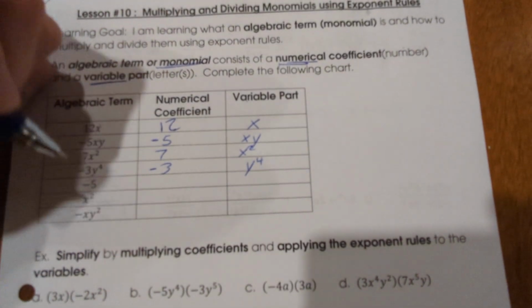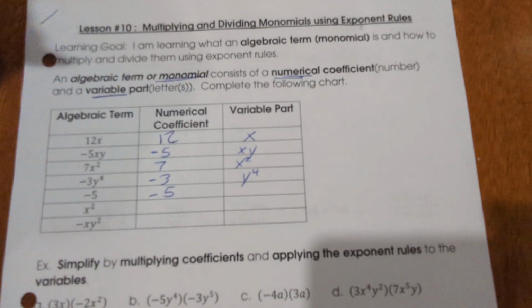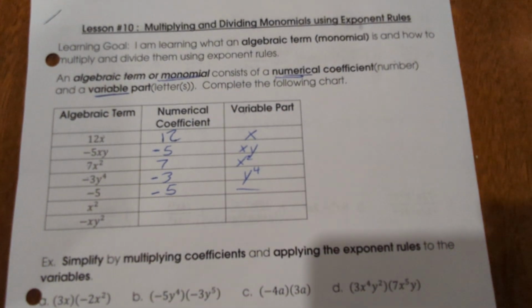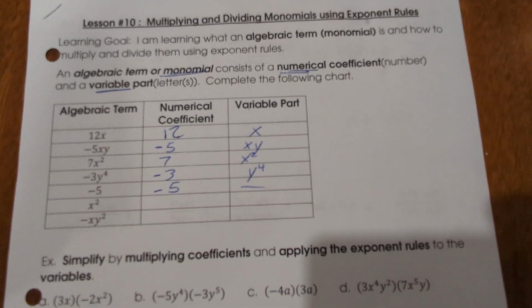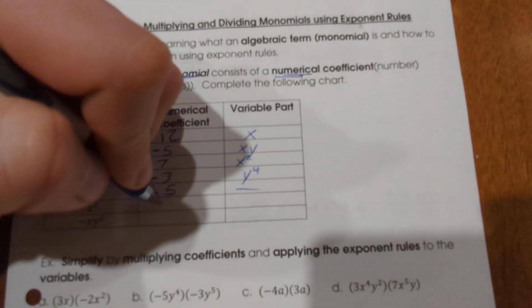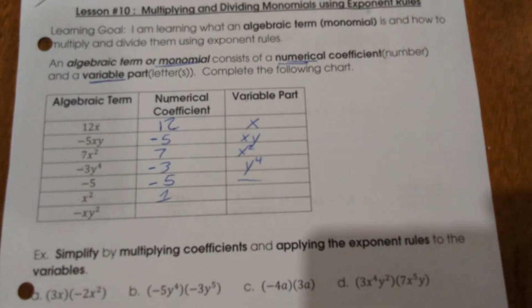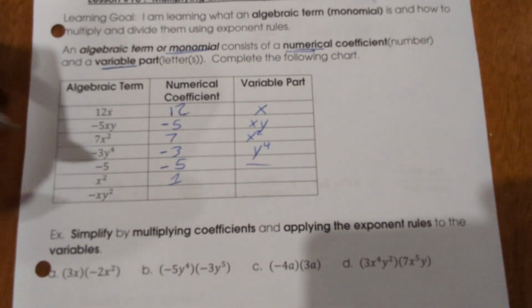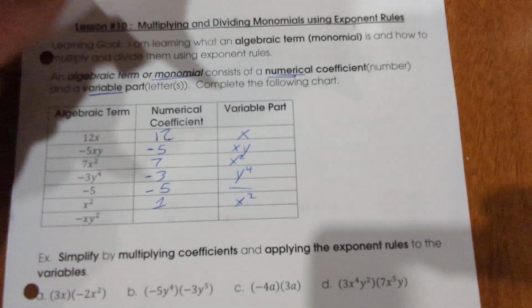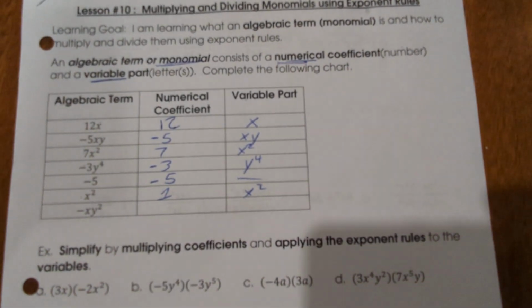Now this one just has a number, so just -5, and there's no variable. So this is just a number. This one has no number in front, or you can consider this a 1. You can always imagine there's a 1 in front of a monomial like this, and then your variable is x squared.